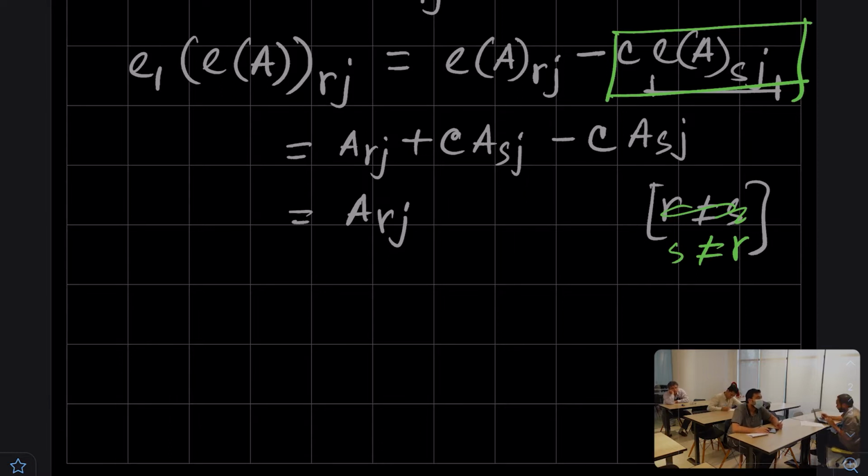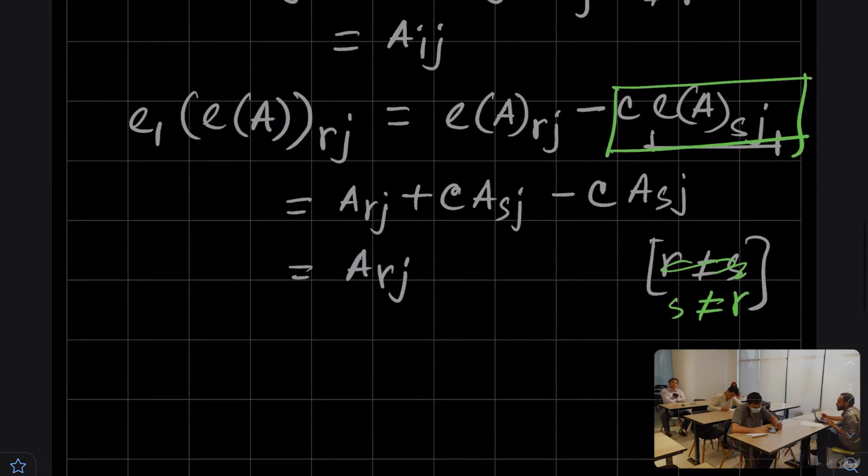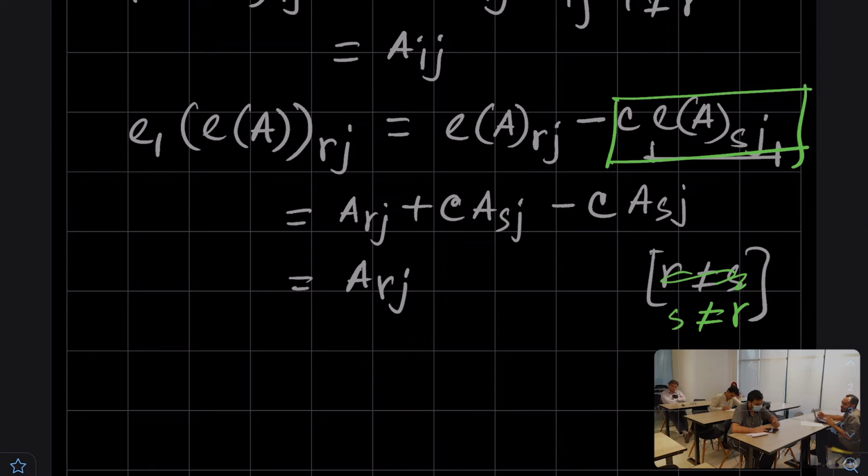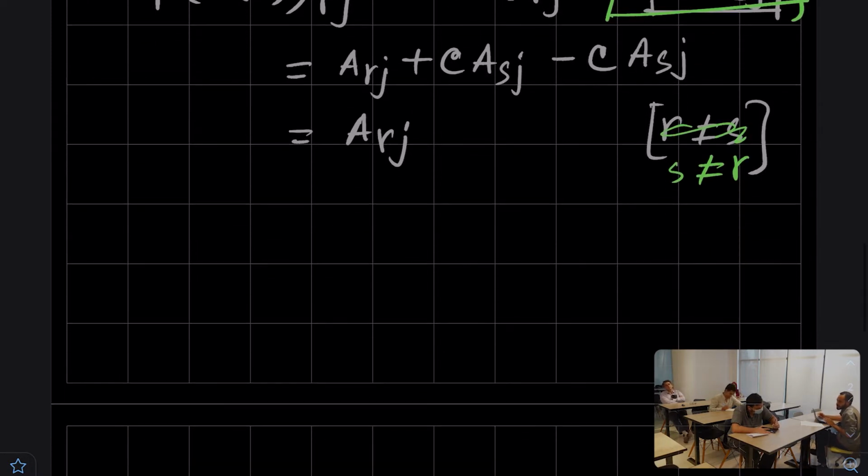So for elementary row operation 1 and 3, you can similarly prove this, and it is a very good exercise to do that.